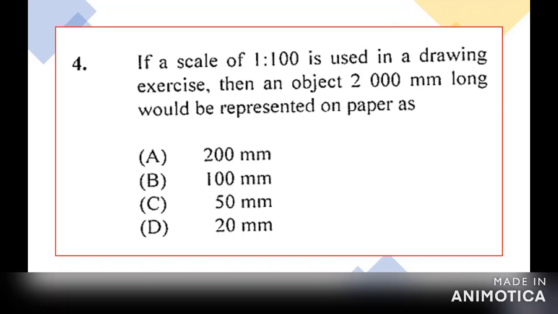Okay, so if the object is 2000 millimeters long and you want to put it on paper, you have to divide it by 100, and that way you would get 20. So the answer would be D. Okay, all right, so whatever the scale is, you divide the real-life measurement by the bigger number.